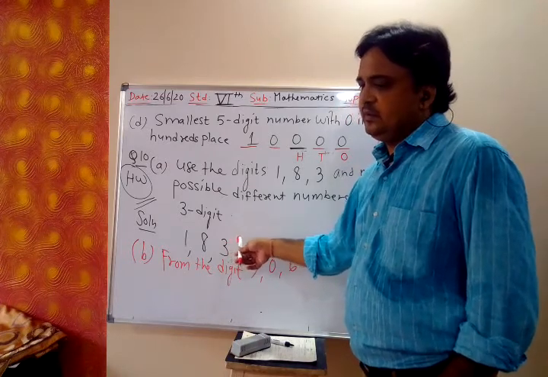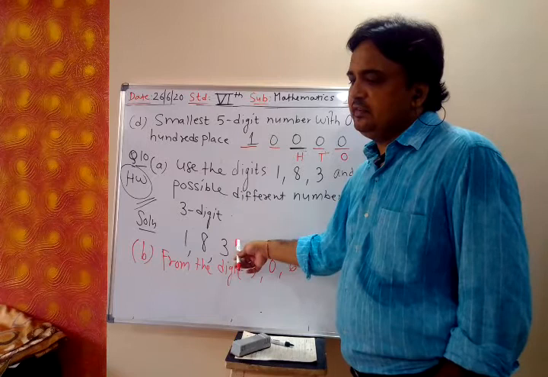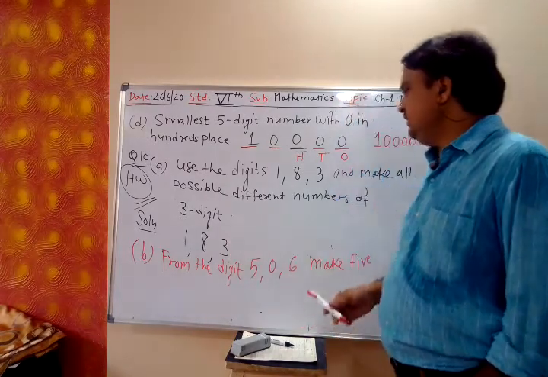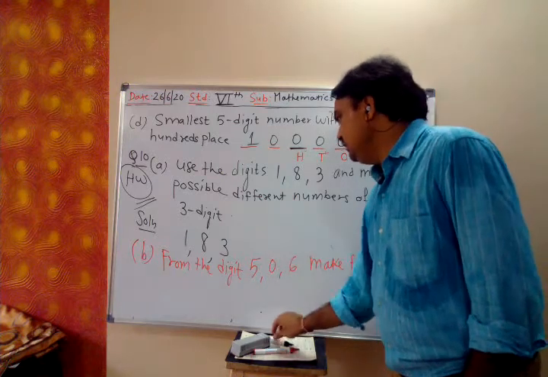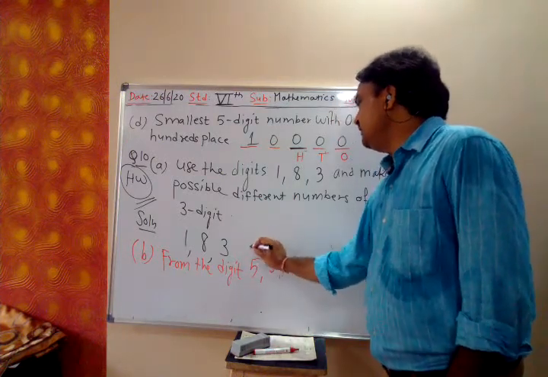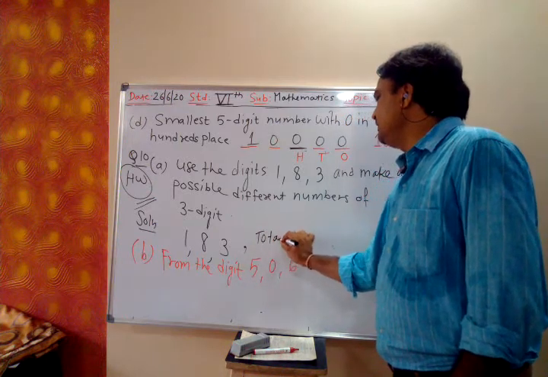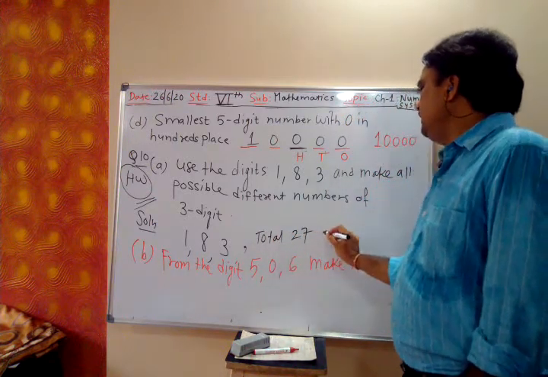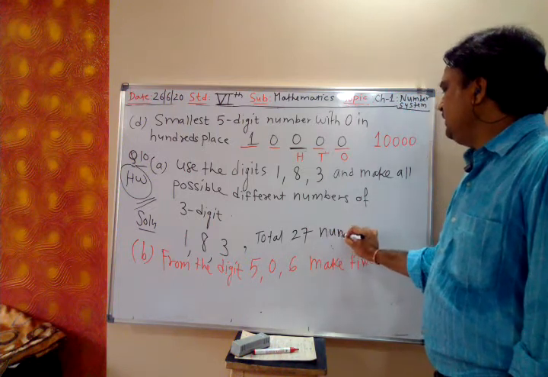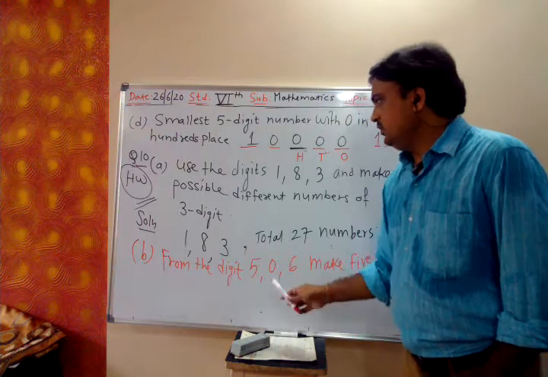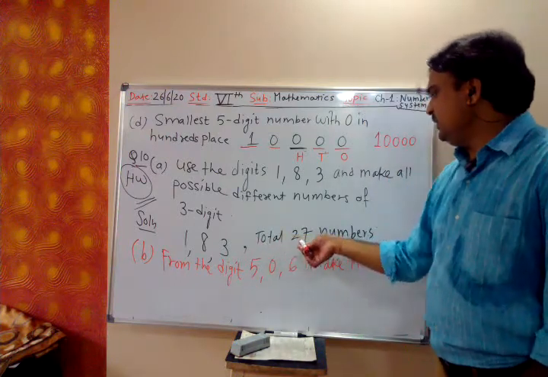You have to write all the 27 numbers. I have given you the hint, total 27 numbers.